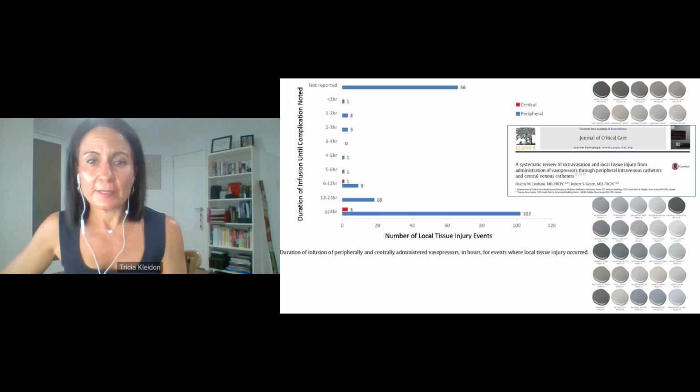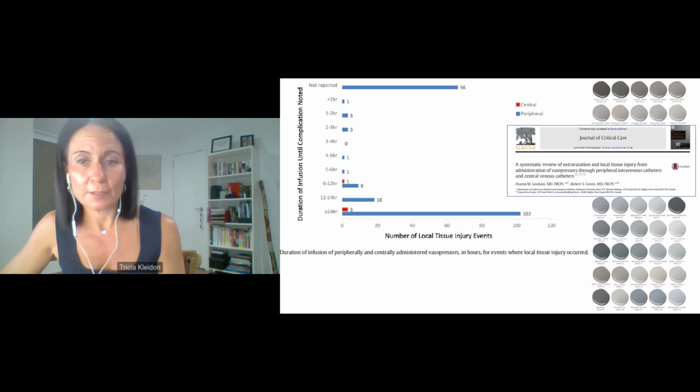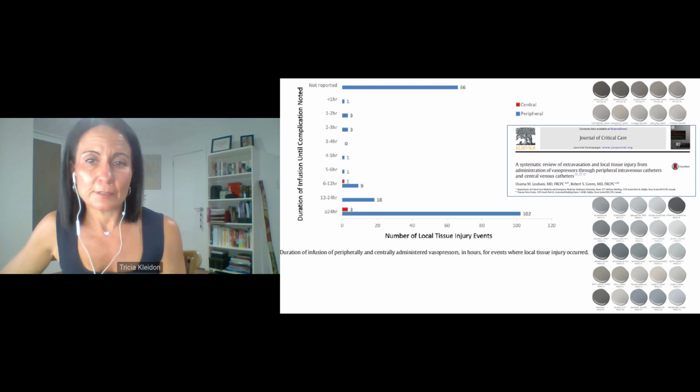So when considering the duration of dwell to event, the median duration was 24 hours for a peripheral intravenous catheter prior to injury. So most injuries occurred after 6 hours of infusion. The most common catheter gauge that resulted in extravasation was 22 gauge.